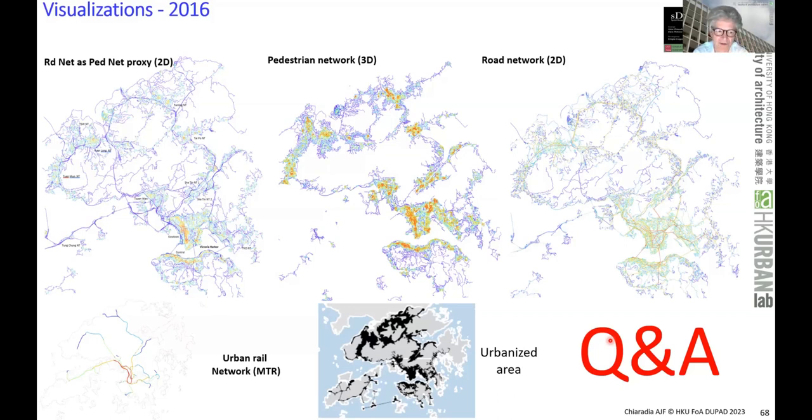And on the left-hand side is in fact the road network, but processed with a 400-meter metric as a proxy for the pedestrian network. So one of our models shows that if one doesn't have a dedicated pedestrian network, one can use a road network as a proxy.